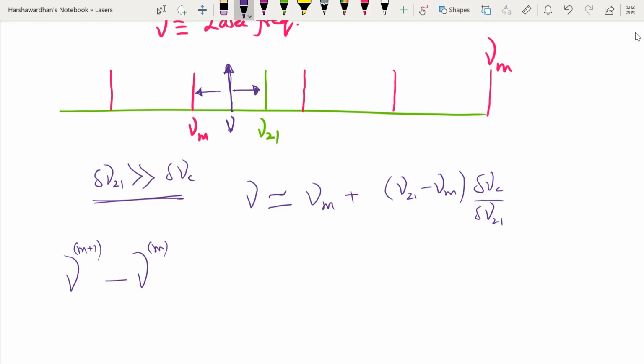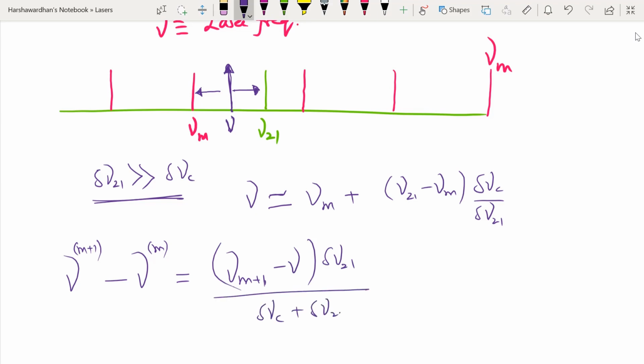This is now the spacing between the various multiple modes of the lasing frequencies. You see that this particular difference in frequency is now simply the following: nu m plus 1 minus nu m times delta nu 21 divided by delta nu c plus delta nu 21.